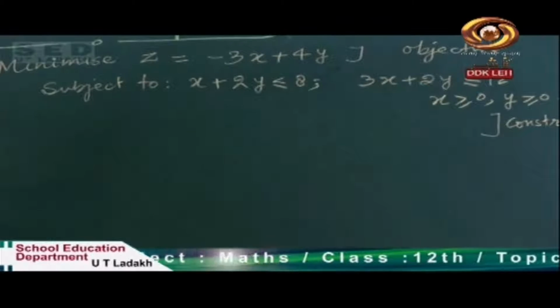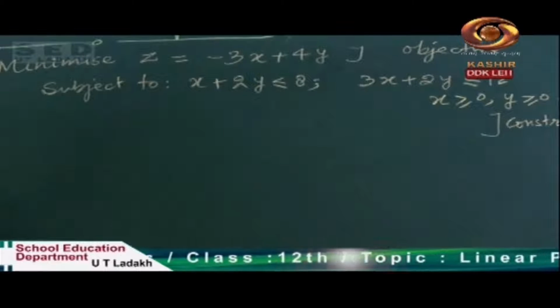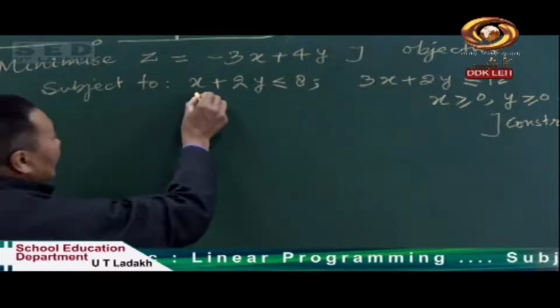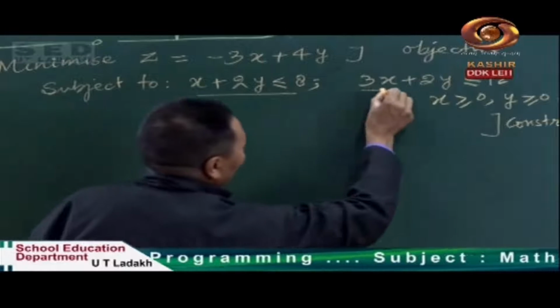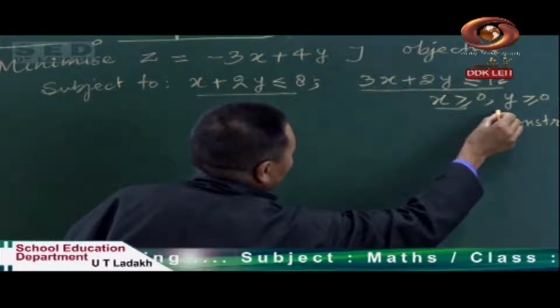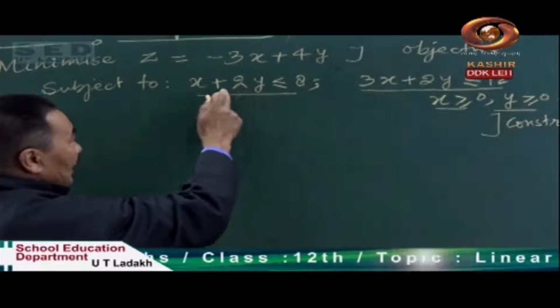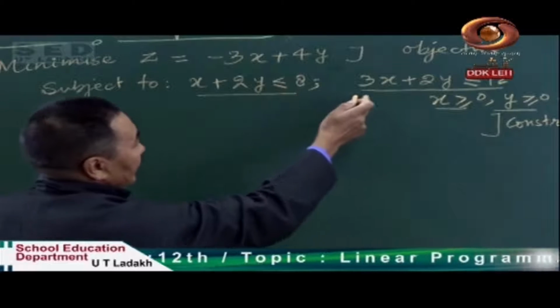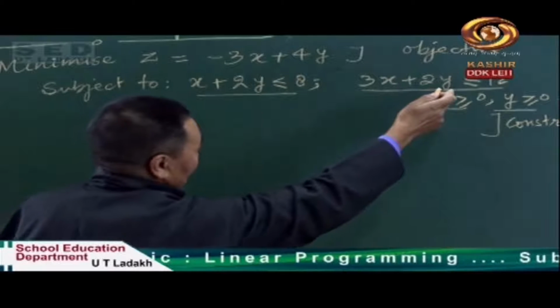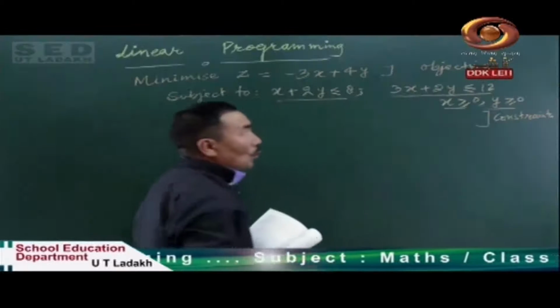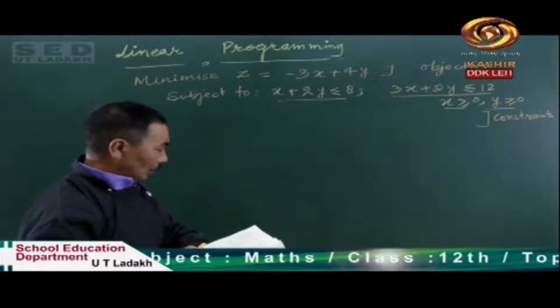We have to find the common solution region from these inequalities. You have 4 inequalities: x plus 2y less than or equal to 8, 3x plus 2y less than or equal to 12, x greater than or equal to 0, y greater than or equal to 0.